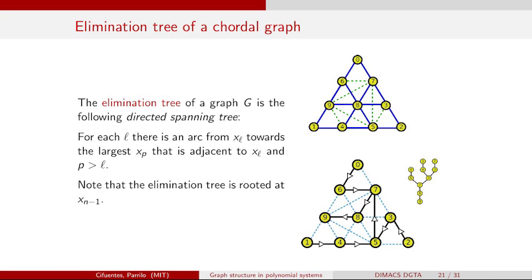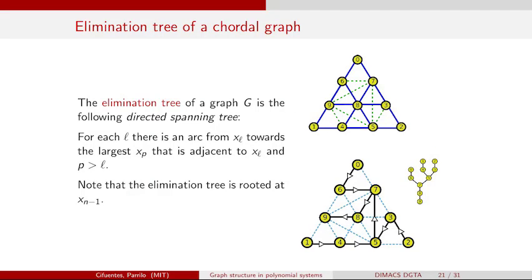I will have to add the green edges in there. The numbers in there indicate a possible elimination ordering. And as vertices start leaving, 0, 1, 2, 3, 4, whatever, we draw an arrow from the current node to the next friend that's going to leave the party. And it turns out this is a tree.